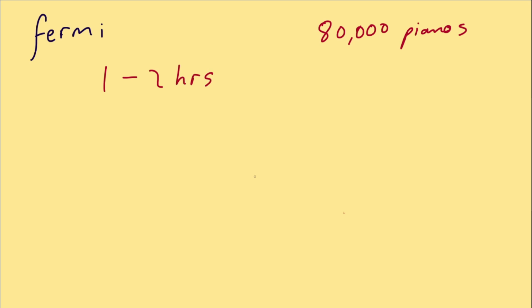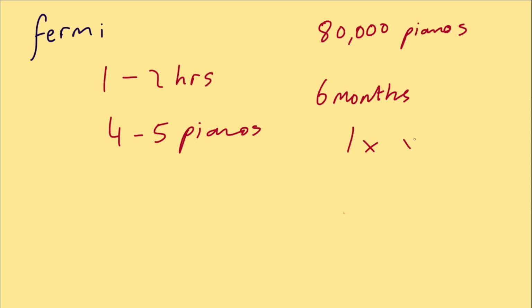So in a day, a piano tuner can tune 4 to 5 pianos. A piano needs tuning maybe every 6 months. So let's say once a year, okay? One every year. So based on the super rough number, 80,000 pianos in San Francisco, we can assume that there's 80 piano tuners living in San Francisco.